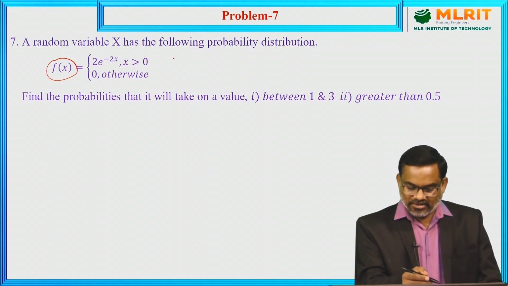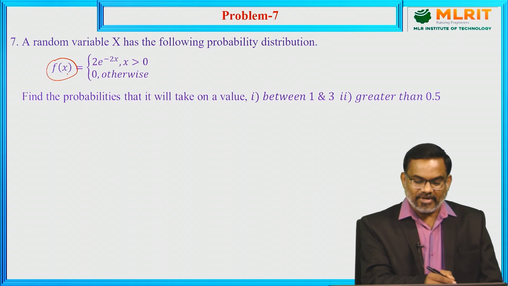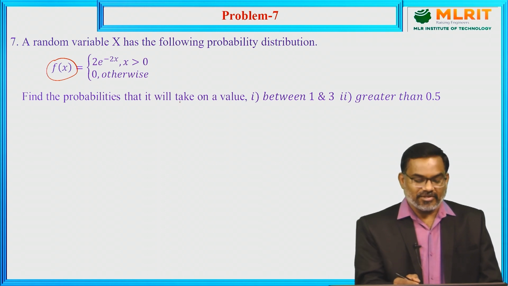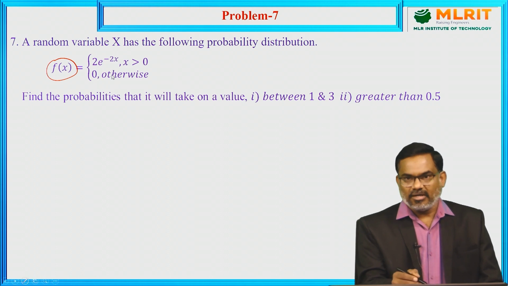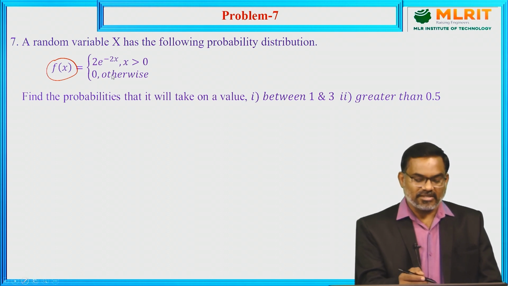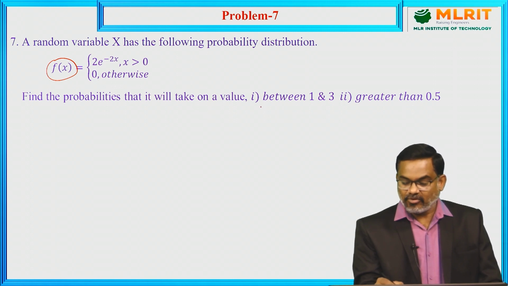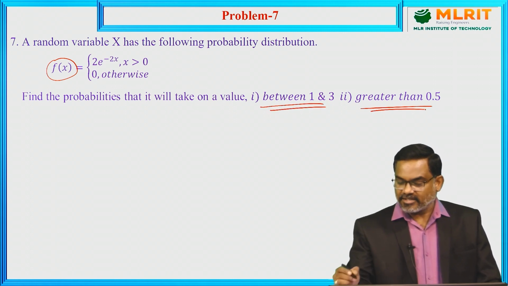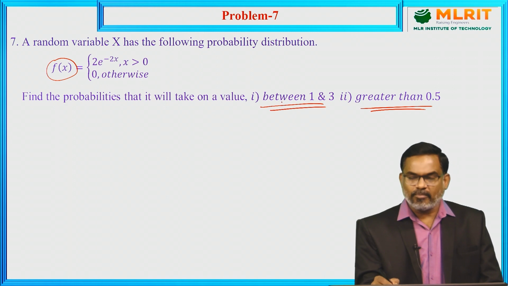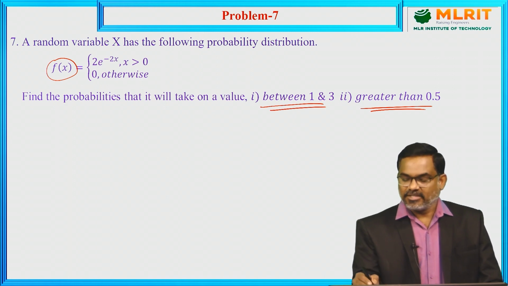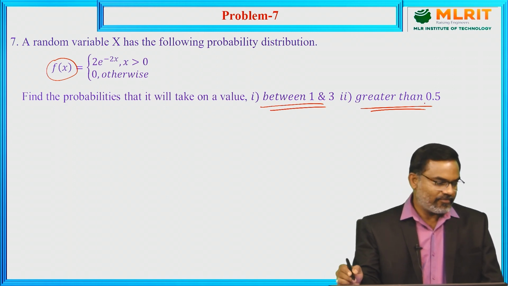So, this is a continuous probability distribution, and this probability function is called density function. The function exists when x greater than 0 and 0 in all other cases, that means x less than or equal to 0. Now, find the probabilities that it will take on a value between 1 and 3, and greater than 0.5. So, we need to find the probability that x lies between 1 and 3, and similarly x greater than 0.5.